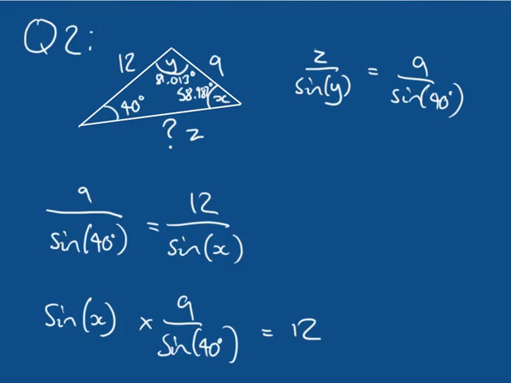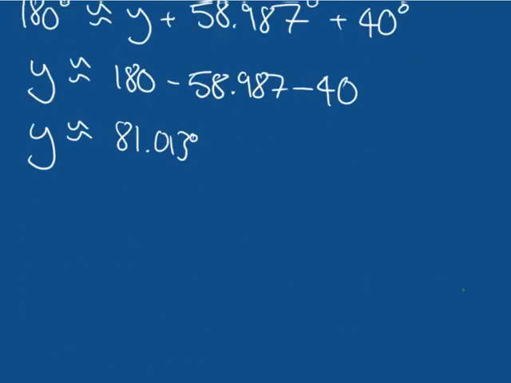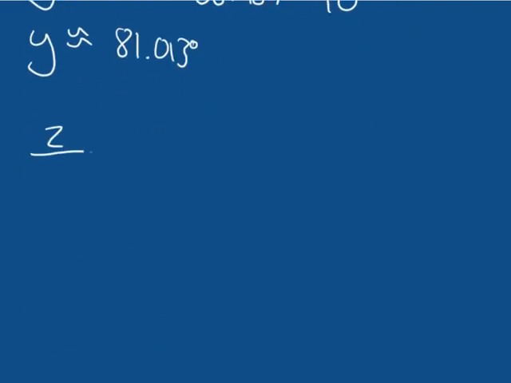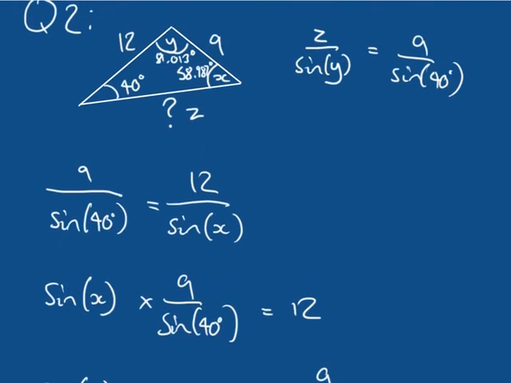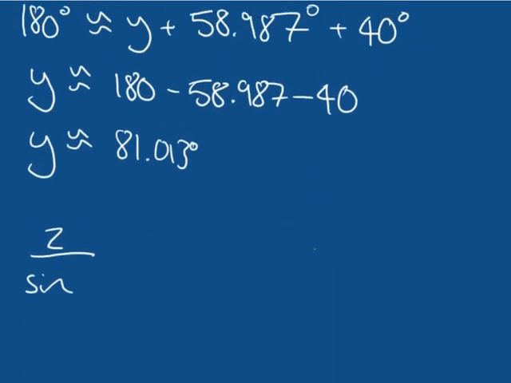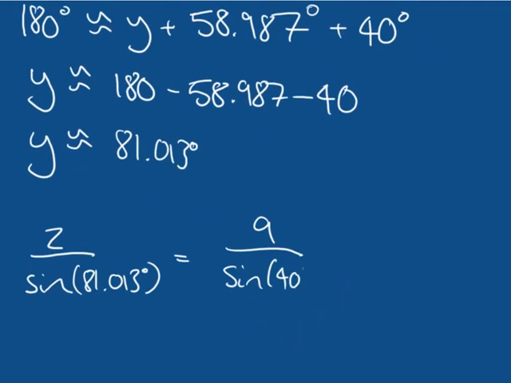So z, which is an edge, over the sine of the opposite angle, y, is equal to 9 over the sine of 40 degrees. So if I then scroll back down, z over the sine of y, which is 81.013 degrees, is equal to 9 over the sine of 40 degrees.